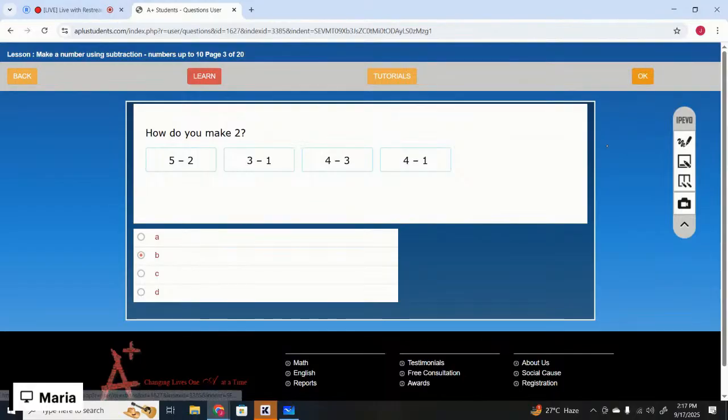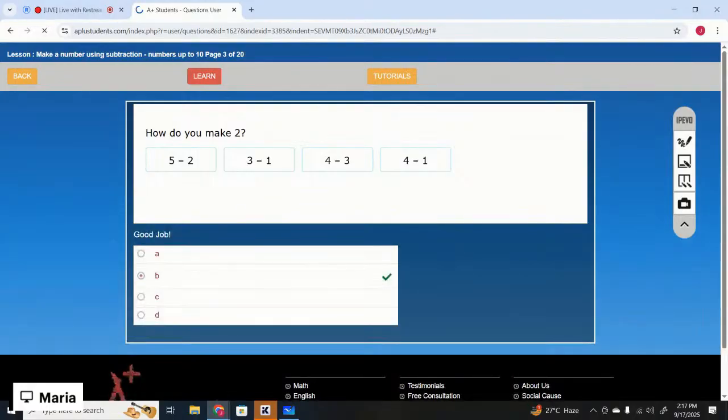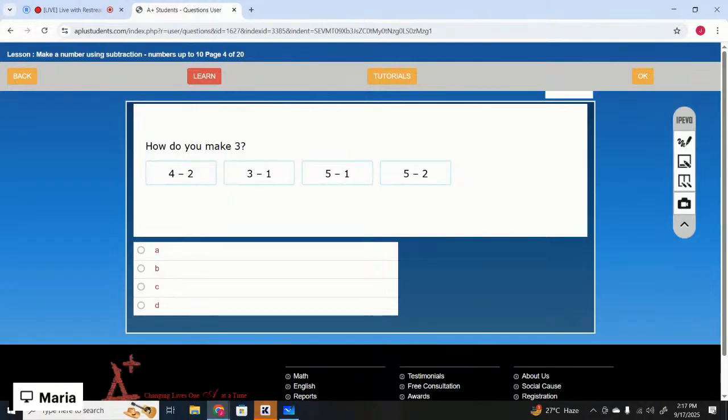Option B is the correct option. How do you make 3?